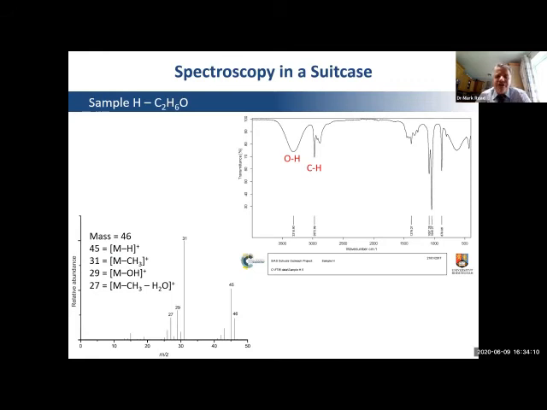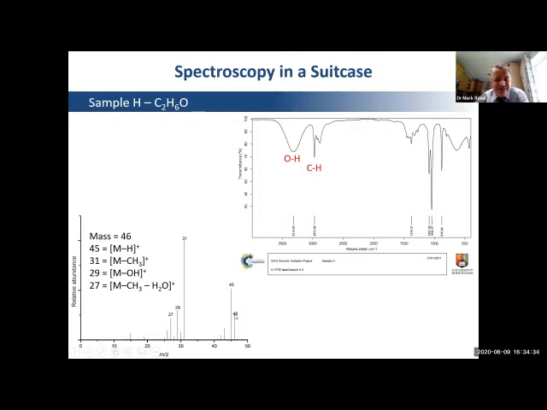So when we start looking at these samples, we have sample H. In the workshop, you're given an empirical formula, in this case, C2H6O, so you know how many atoms you have. You're just going to work out how they're joined together. You have 3 pieces of information, that empirical formula. First thing you do is look at your mass spec that's given. Look for that molecular ion peak.